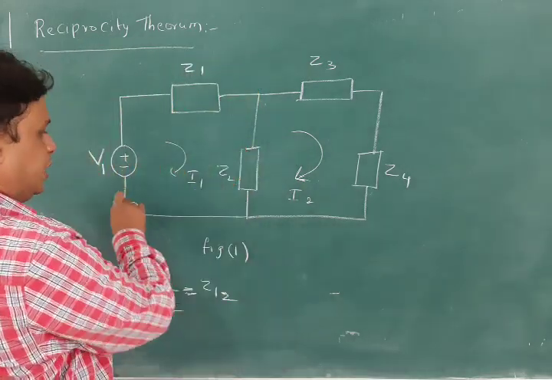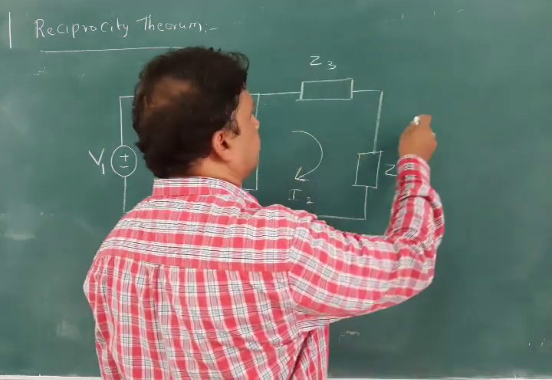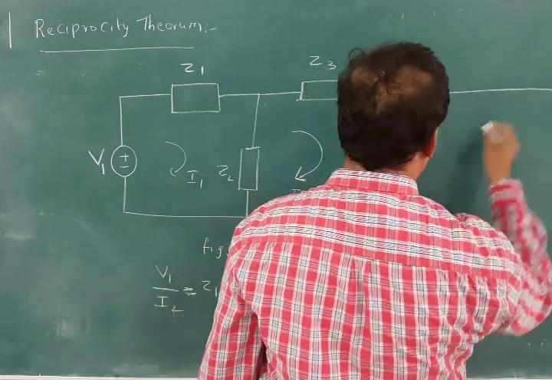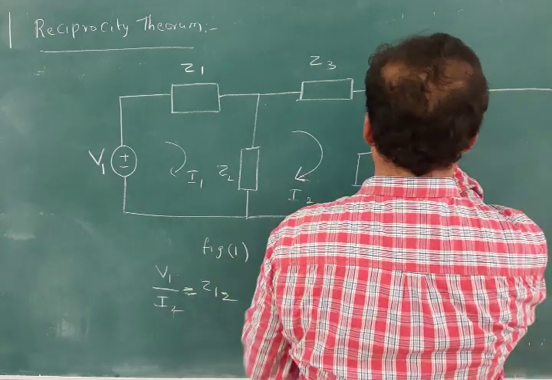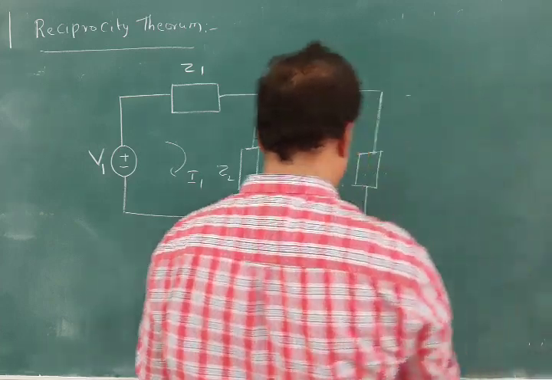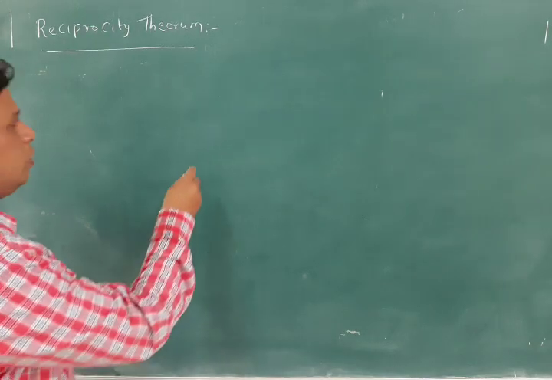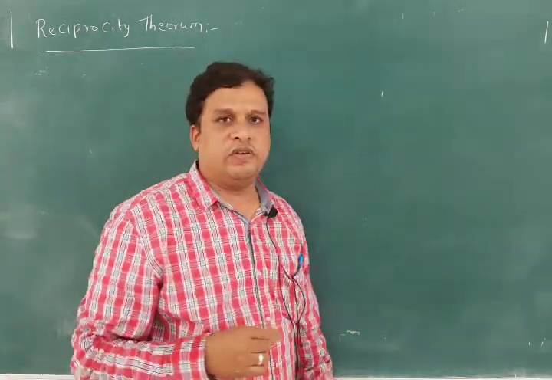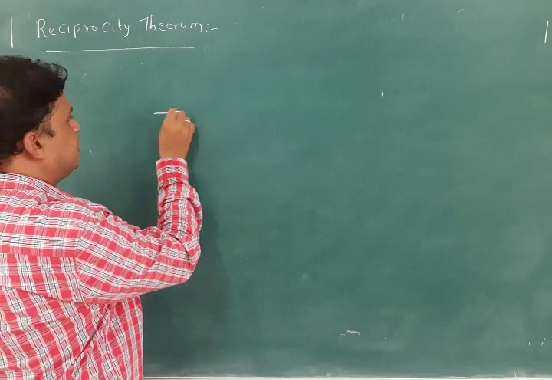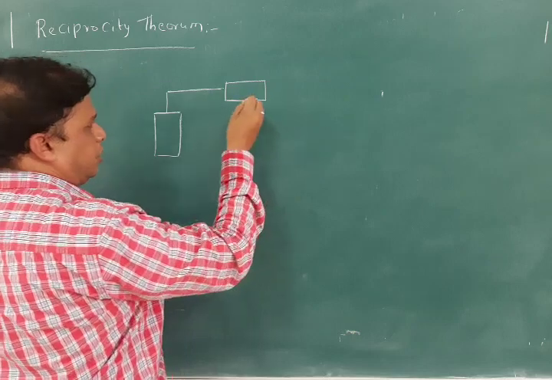Seeing this figure, the ratio is V1 by I2. Now we will draw another figure with the voltage shifted. If we draw the circuit again by shifting the voltage to the loop 2 side, you will see how the circuit looks. Previously the circuit had the voltage here and the impedances on the right side.